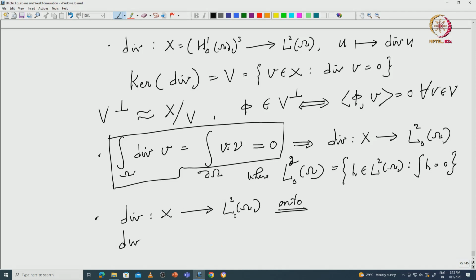Once it is there, it will be one-one onto if you take it from V perp, that is X quotient out by V, to L2 0 of omega. You have that it is an onto isomorphism. I will discuss ontoness a little more later, maybe in this lecture itself.